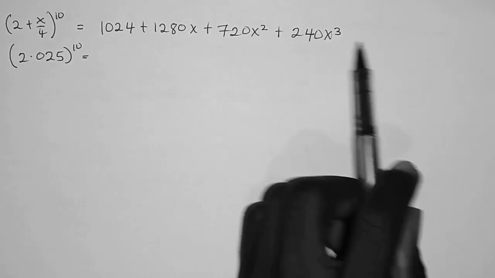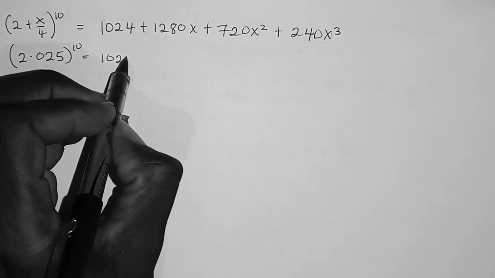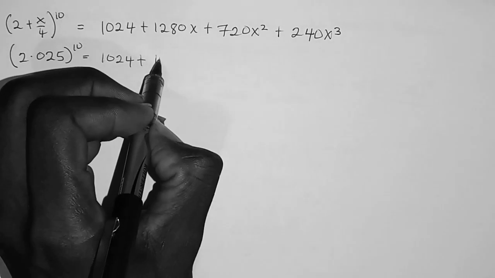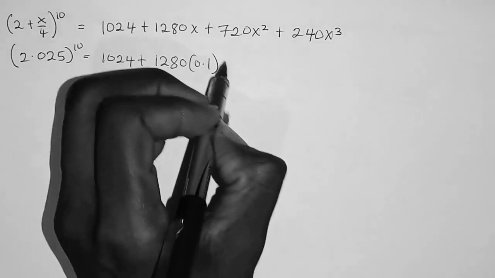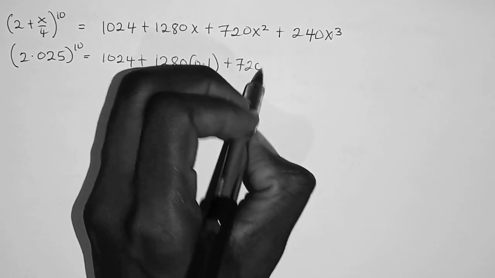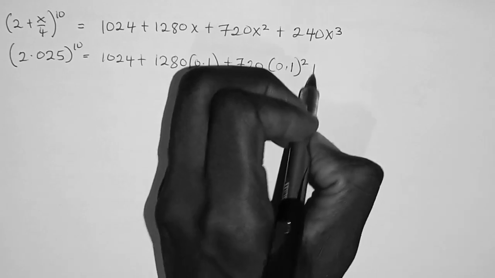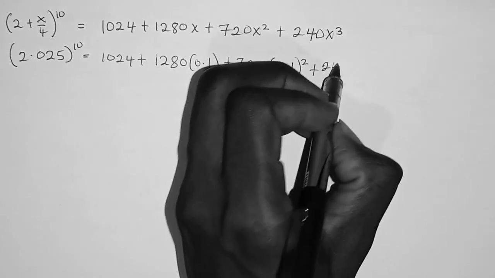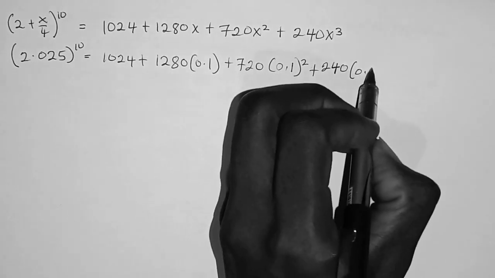So we are putting 0.1 into this equation. So this becomes 1024 plus 1280 times 0.1, then plus 720 times 0.1 squared, then plus 240 times 0.1 cubed.